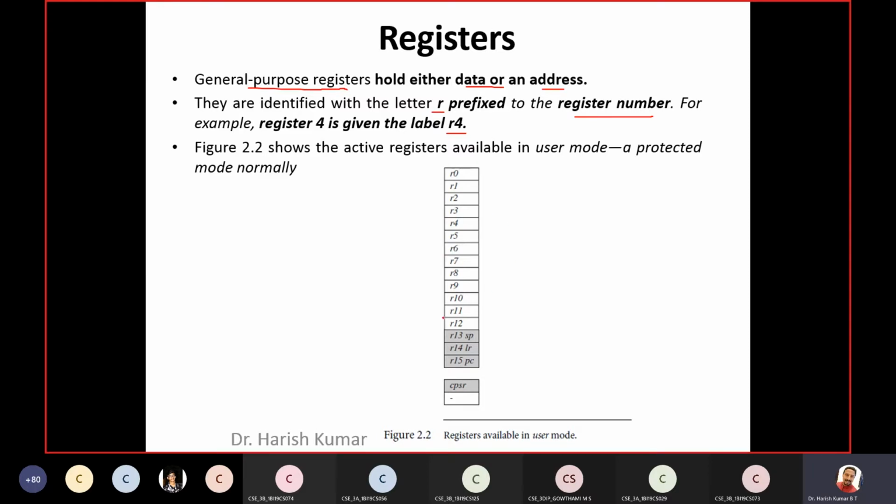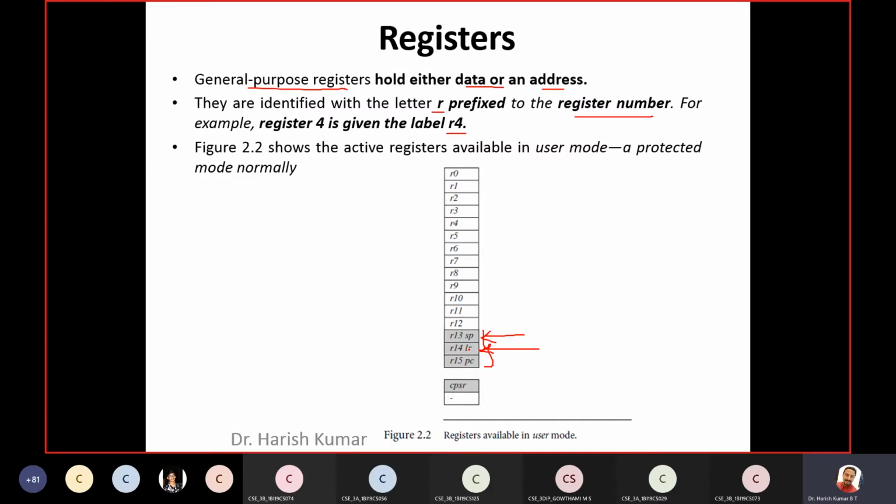You can see here R0 to R15. Among these, the last three have some special usage. R13 acts as the stack pointer, that means it points to the top of the stack. And LR is the link register, which is used to hold the return address when subroutines are called.